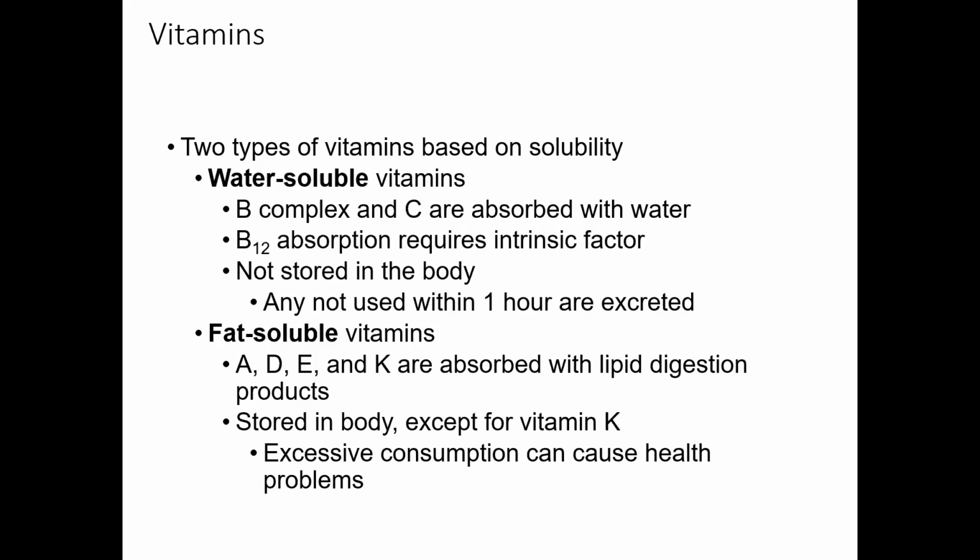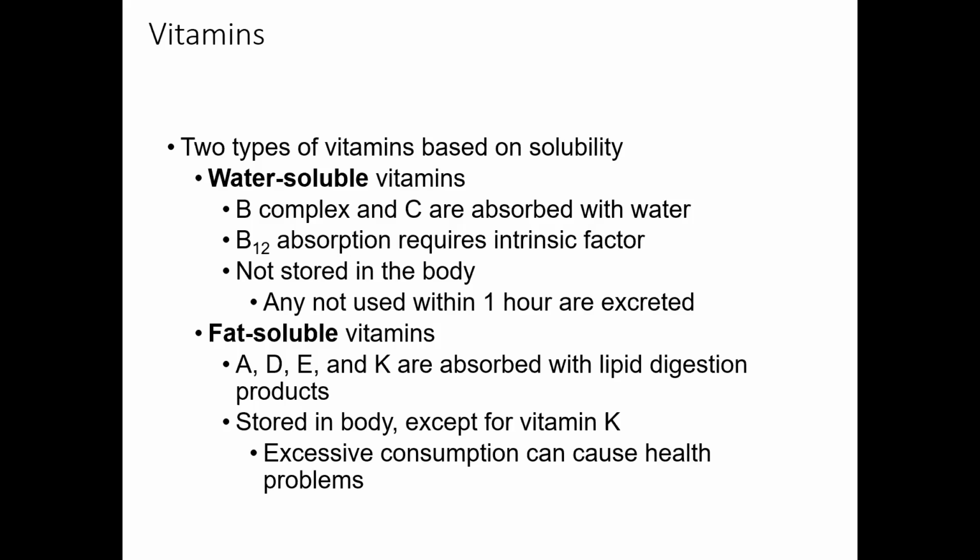Fat-soluble vitamins can be absorbed and stored. Water-soluble are absorbed, used, and excreted. Fat-solubles are absorbed and stored up. Vitamin K keeps getting made in the gut all the time.